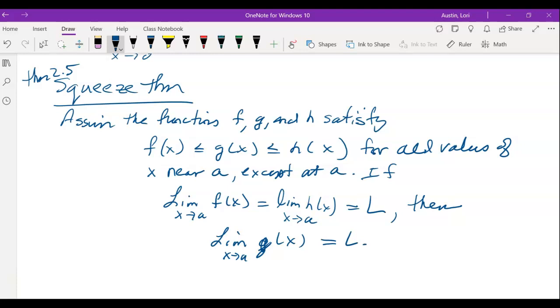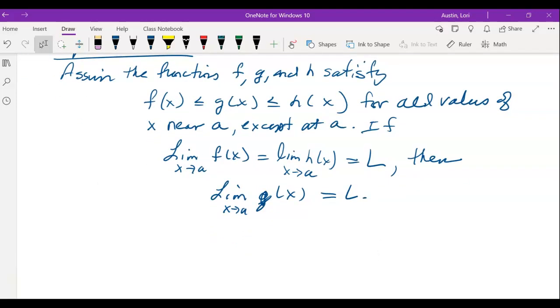So how can I do this one now, algebraically? Algebra manipulations. All right, let's go back to those. How do I get this function, x squared sine 1 over x, in between two other functions? All right? How we do this is you have to start with something you know.